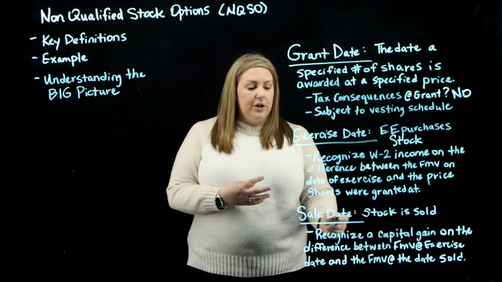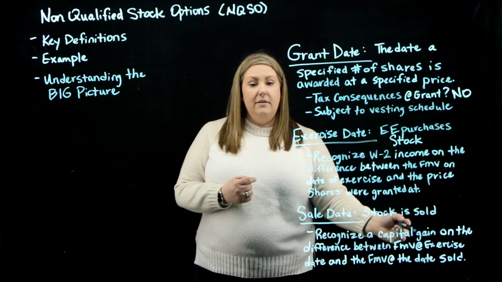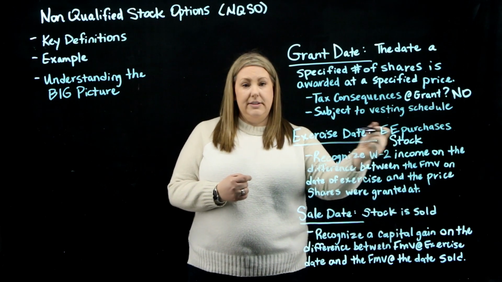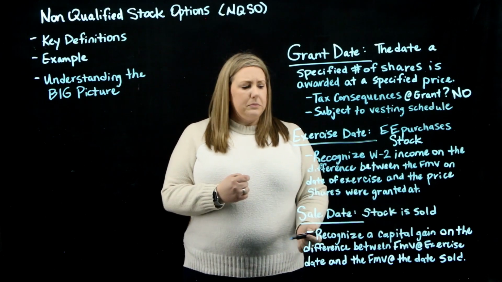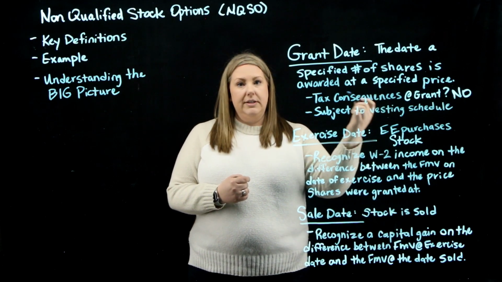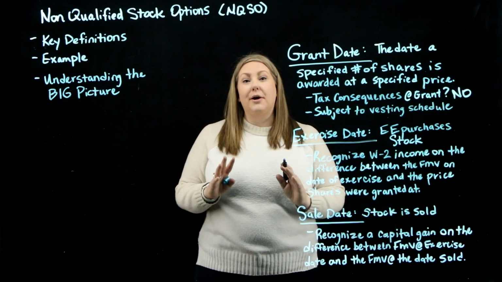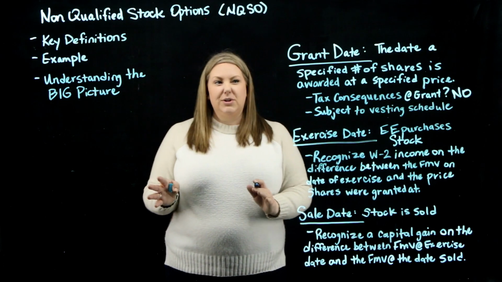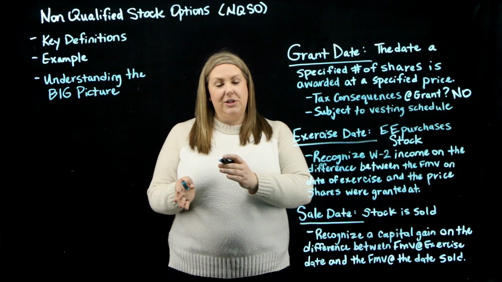And so now you're going to recognize a capital gain on the difference between the value at the exercise date when you purchased it and the value at the date sold. And this is fair market value at the date sold. So with all of these, there's very important details in here, but the most helpful thing is if we walk through an example so you can actually see what this really looks like, just so you can apply it to your situation too.